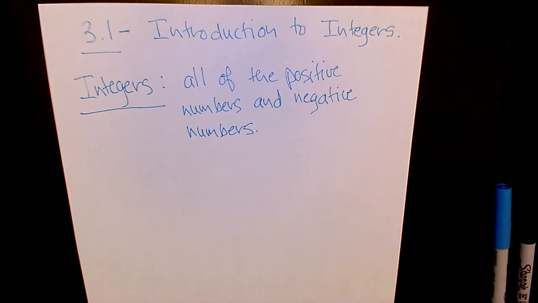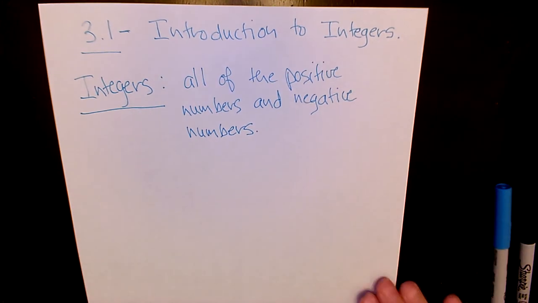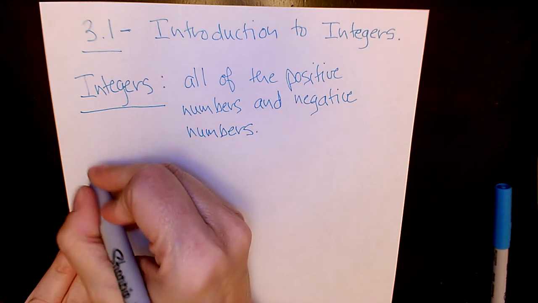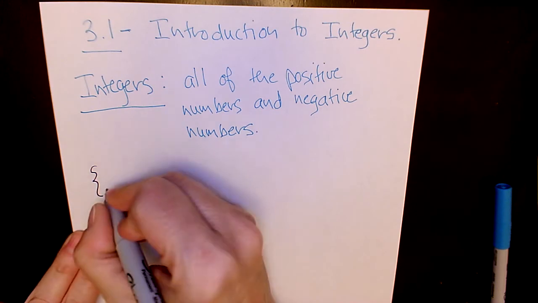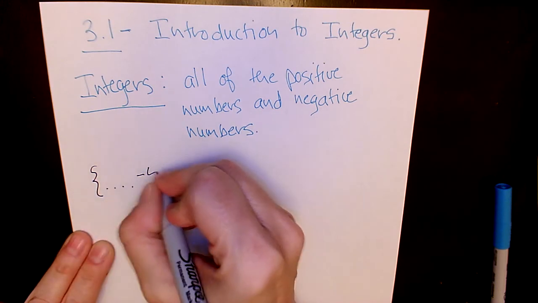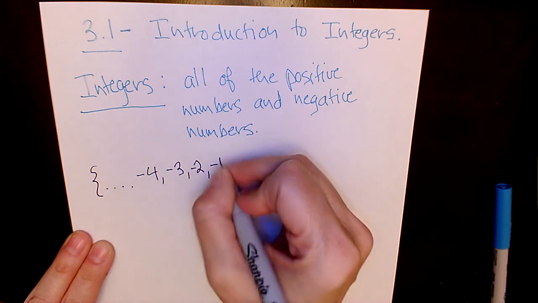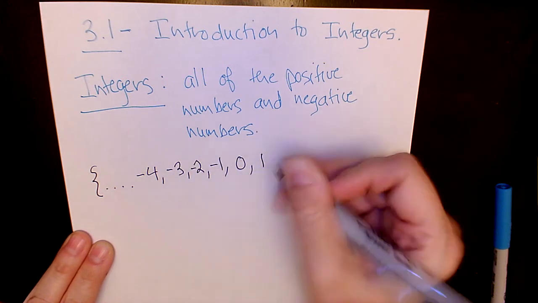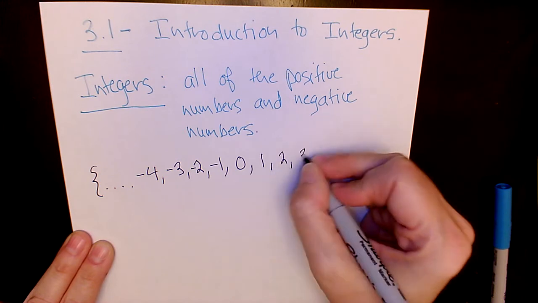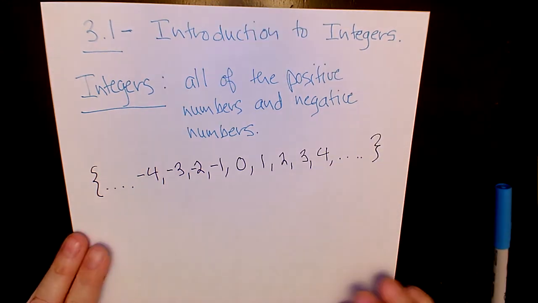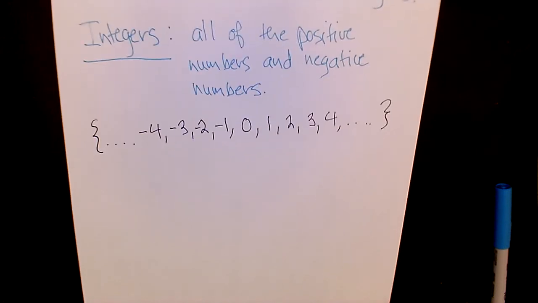So we say the set of integers, all the positive numbers and all the negative numbers in one big set. So remember, dot, dot, dot means goes on forever. So here's the integers.